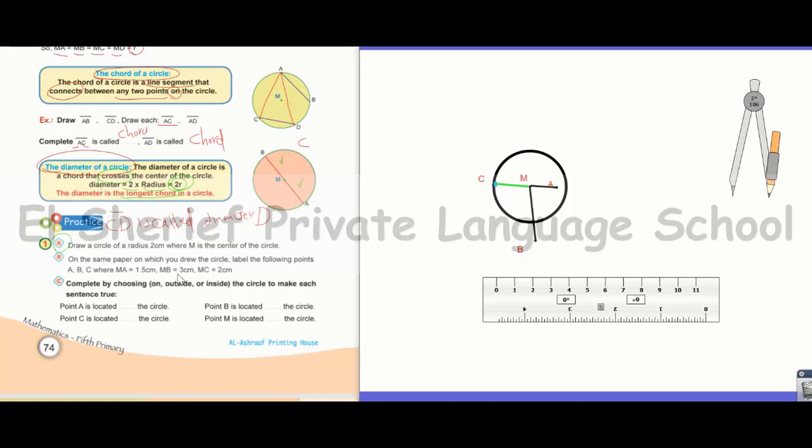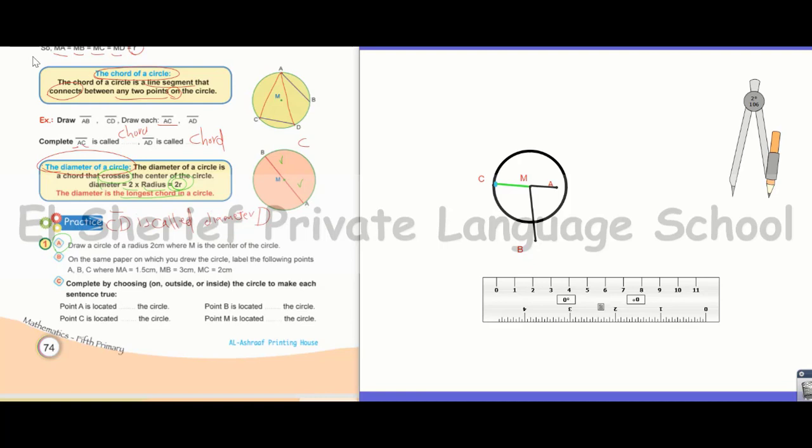If the line segment is more than the radius, that means outside the circle. If the line segment equals the radius, that means this point is on the circle. Letter C.